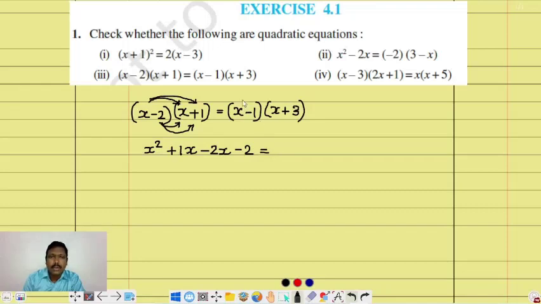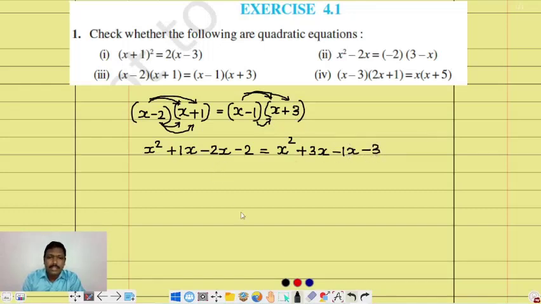Here also we can open this bracket: x into x will be x squared, and x into 3 will be 3x, and minus 1 into x will be minus 1x, then minus 1 into 3 will be minus 3.